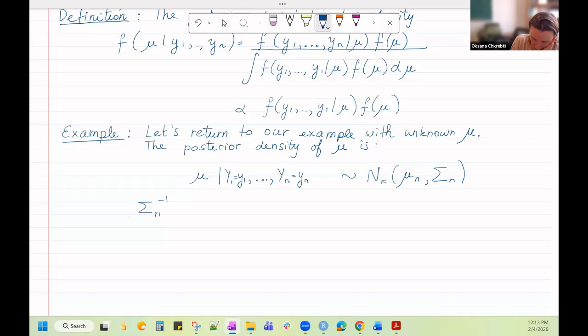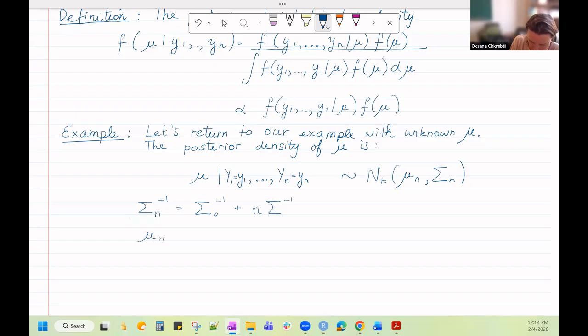So first, I'm going to define this posterior covariance, and for ease, I'll define its inverse instead. It is simply the sum of the prior inverse variance of mu plus n, the sample size, times the inverse covariance of the observations.